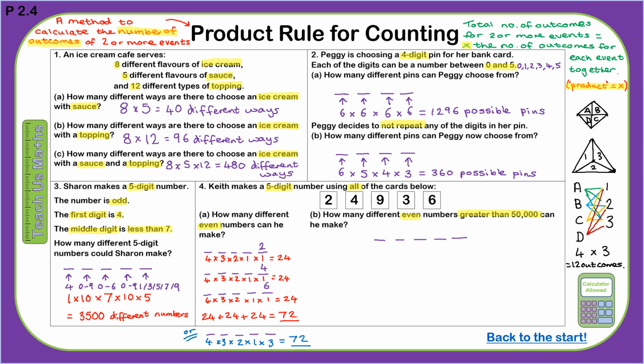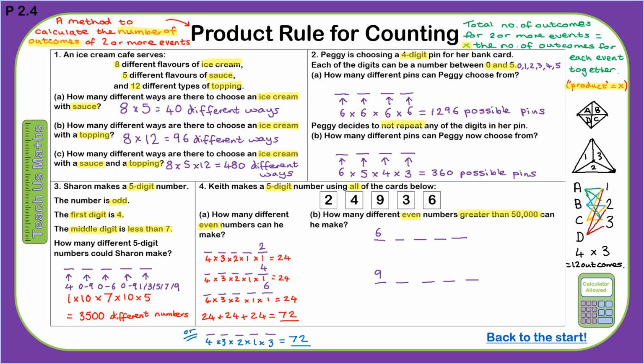So for it to be greater than 50,000, we need to have either a 6 or a 9 at the front. So the first digit will either have to be a 6 or a 9. And then to make the 5-digit number an even number, we need the last number to be even.